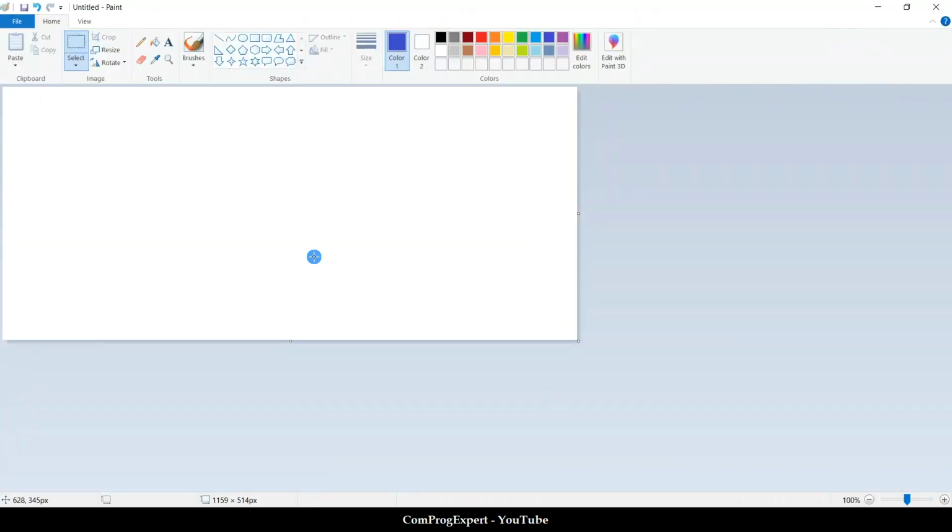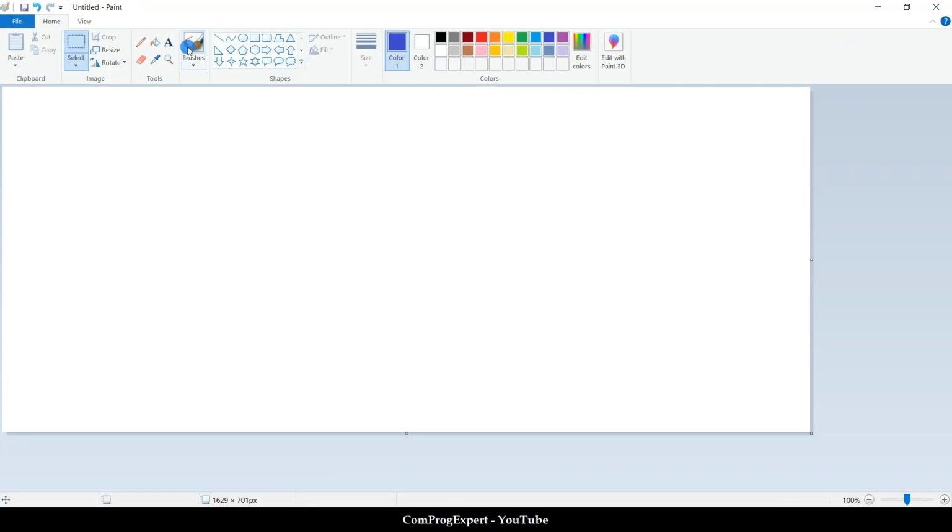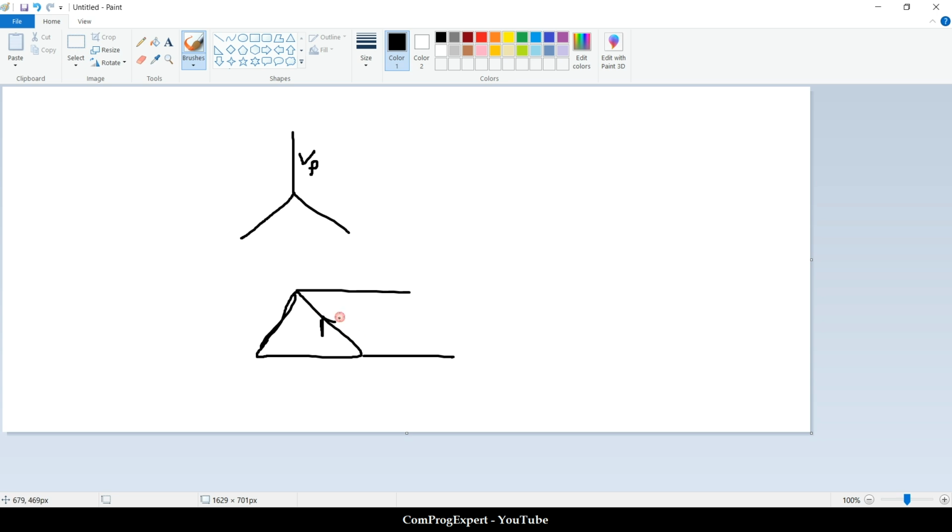For a star connection, here we have these two connections. For a star connection, this is phase voltage, and this is the delta connection. This is the phase current. This is the line-to-line voltage, V line to line.